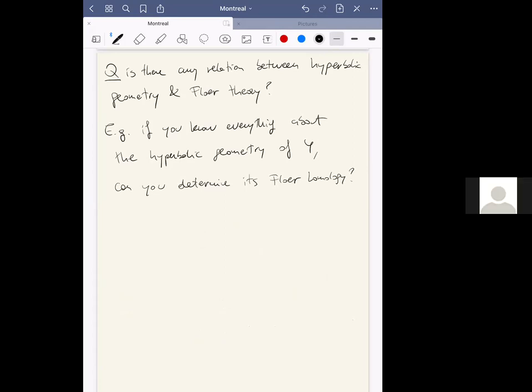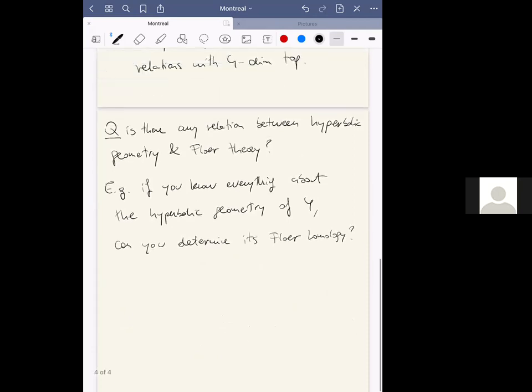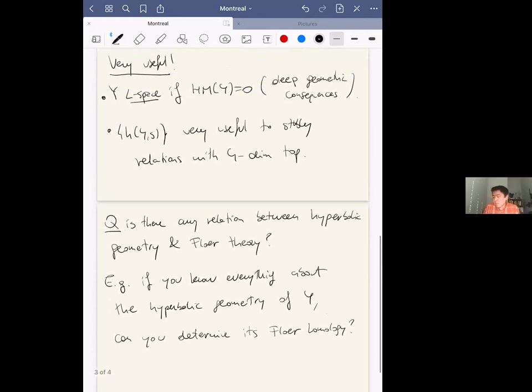Is this related to the characterization by HM vanishing for L spaces? Yeah, in some sense. I was mentioning this relation, it's called the L space conjecture.